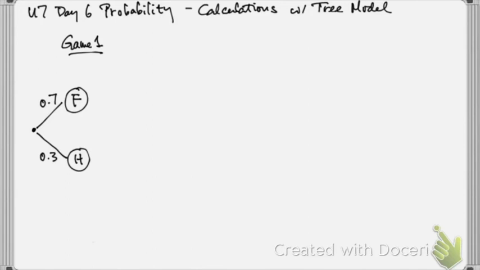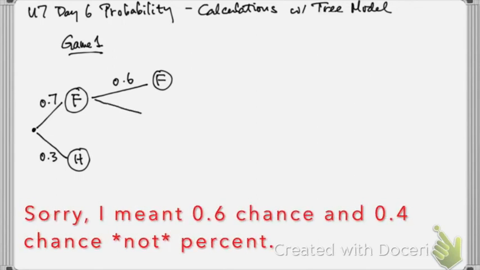Now after the first game, if Fremont wins, then Fremont is going to have a high chance of winning the second game, right? Because of the momentum. Since Fremont won the first game, it's going to have a 0.6 chance of winning the second game, which means Homestead is going to have a 0.4 chance.